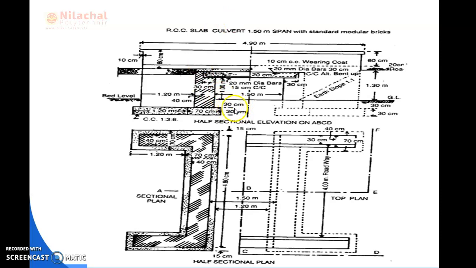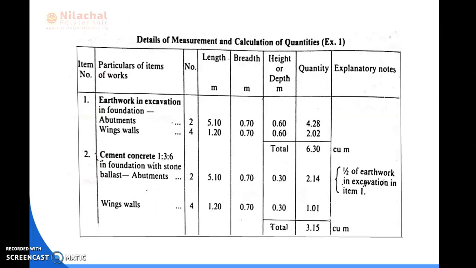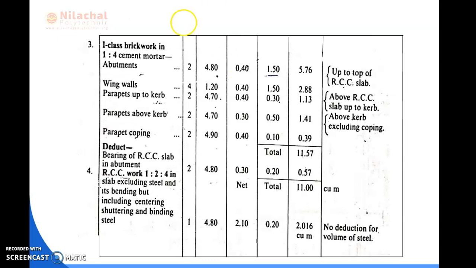The total distance from the bottom of the brickwork to the slab level is 1.50. So next we check abutment: two numbers, length 4.80, breadth 0.40, height 1.50. We already discussed that. Then the total quantity is equal to 5.70.